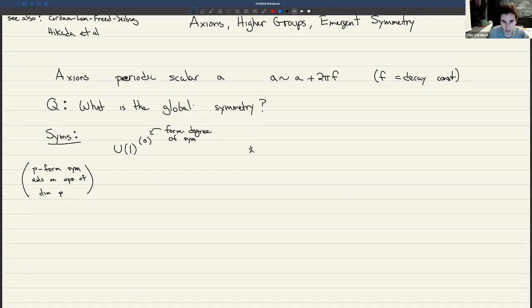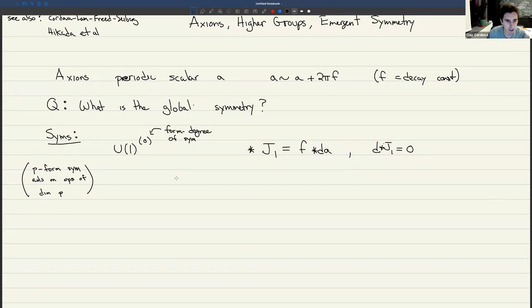And what's the current? So there's an ordinary current with 1 index. I'll write its Hodge dual star J1. And this is just F star dA. Of course, this is closed by the equation of motion.